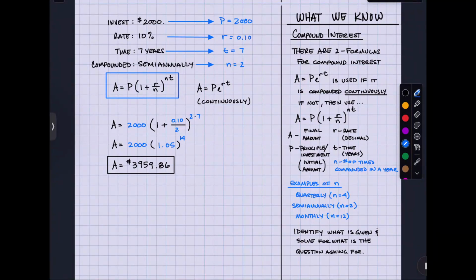Work on understanding. As I said, identify what is given. I identified what was given. I selected the equation we're going to use because this is compounded continuously. Plugged it in, solved. There's my answer.